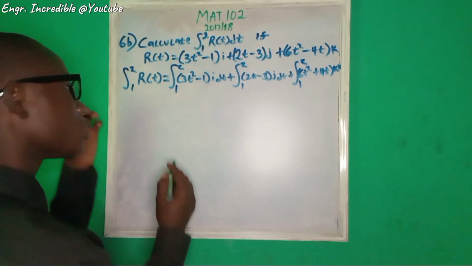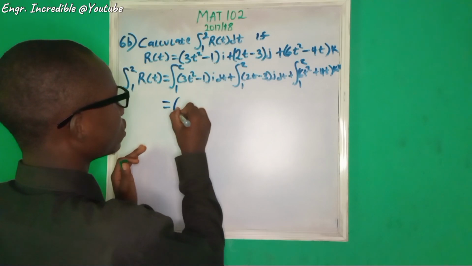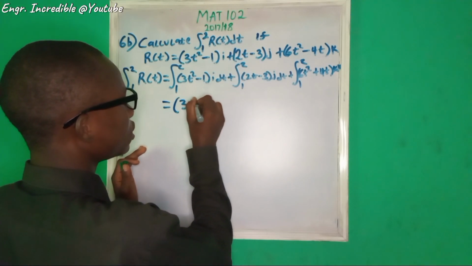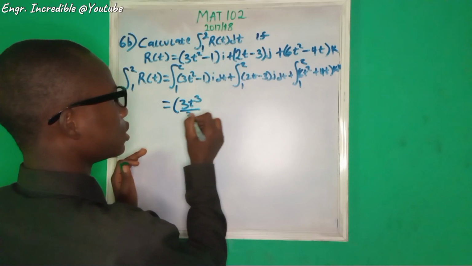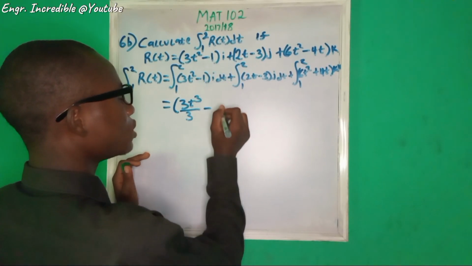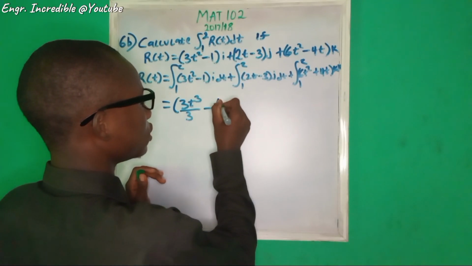So now if we are to integrate this, we have in brackets 3t² + 1, that is 3, divided by the 3, then minus, since 1 is a constant, it becomes t directly.